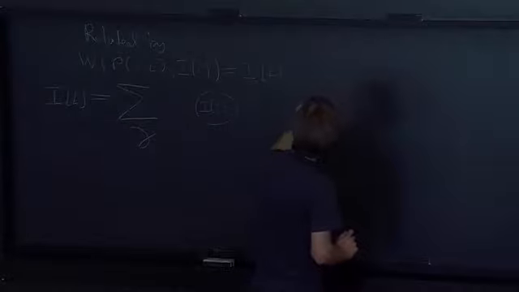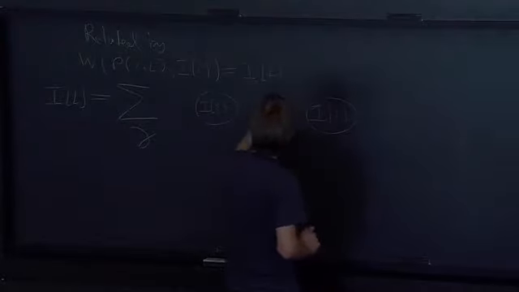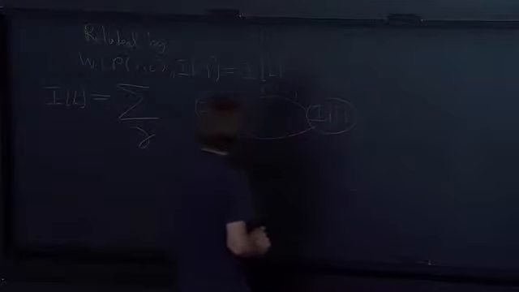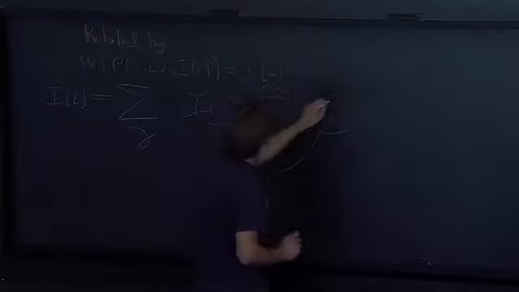So let me write this diagrammatically, so that I[L] is going to be given by a sum over graphs where I have epsilons at each vertex, and some external lines.